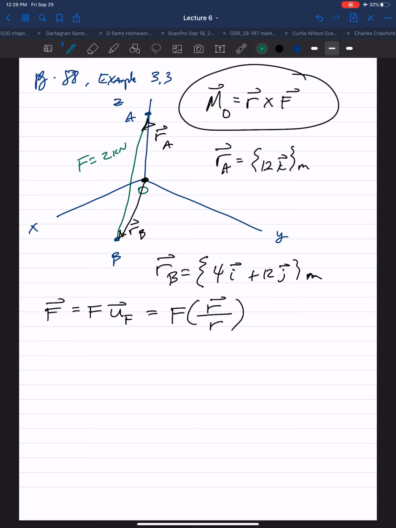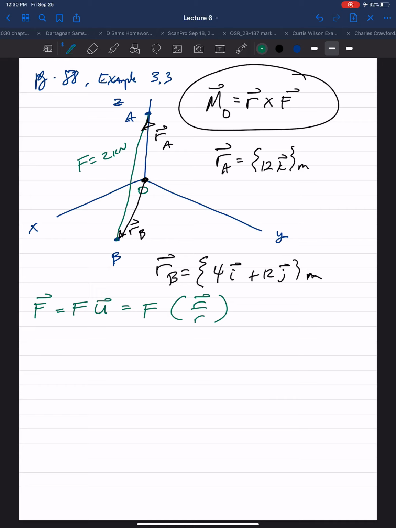So once again, from page 55 in the text, I rewrite it so we can follow it now. We should be refreshed and up to date. Force F is the magnitude of F times the unit vector, or it can be written as the magnitude of F times position vector R over the magnitude of R, as long as they share the same direction and sense, which in example problem 3.3 they do.